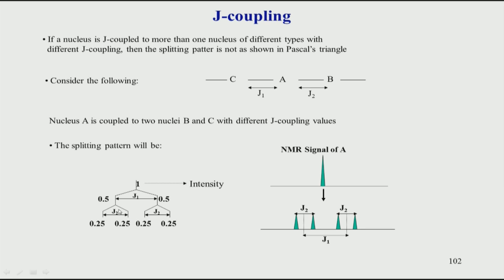Because of this difference in J1 and J2, they no longer come at the same position. So, they are separated, and instead of 3 peaks, we now end up with a 4 peak pattern. What is the relative intensity now? The relative intensity is 1:1:1:1. All of them are equal, and that is what is shown here. This is called a doublet of a doublet.